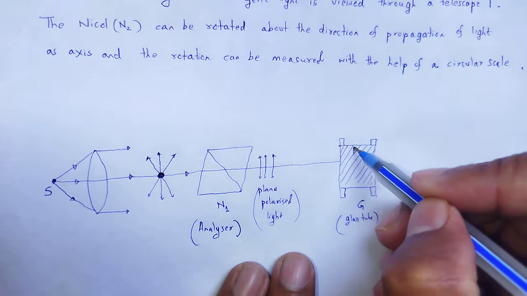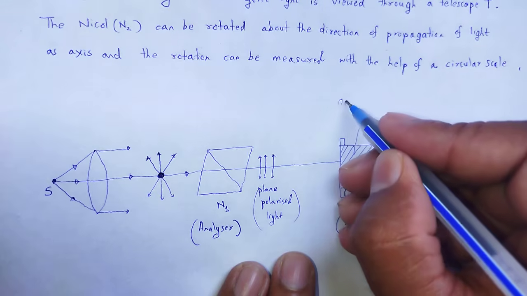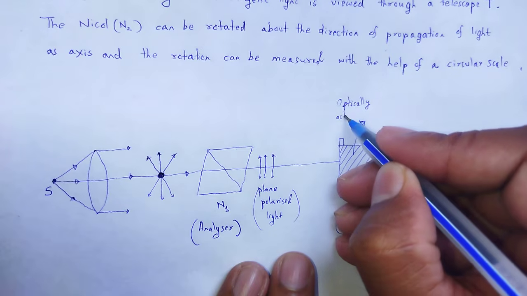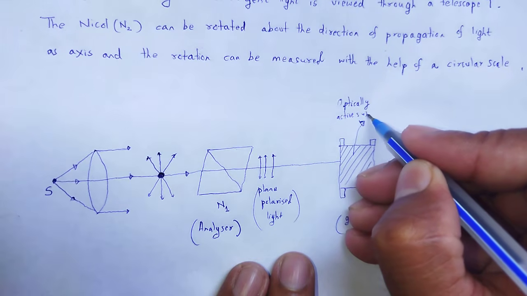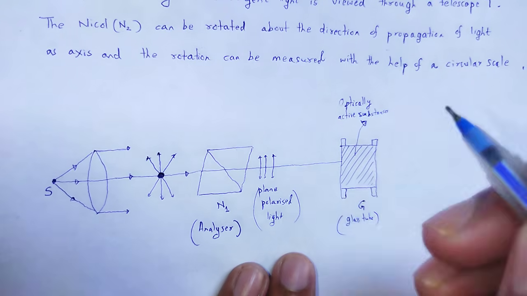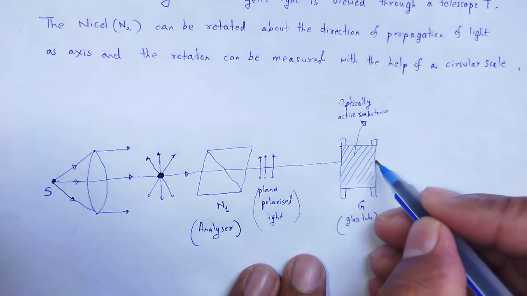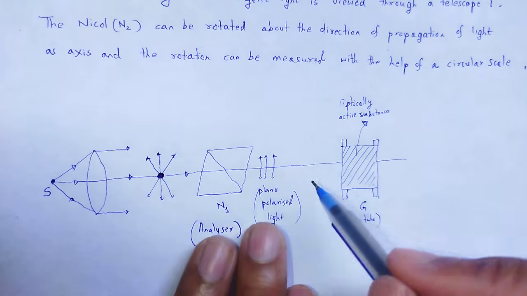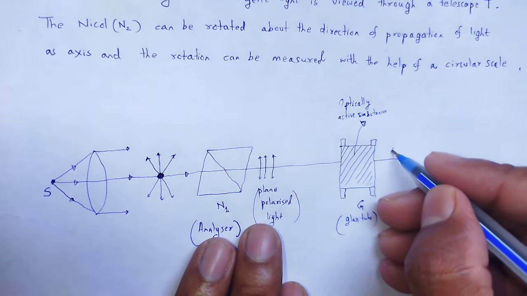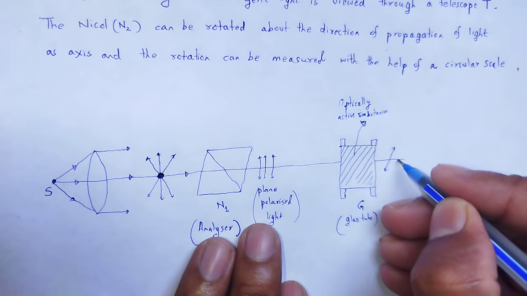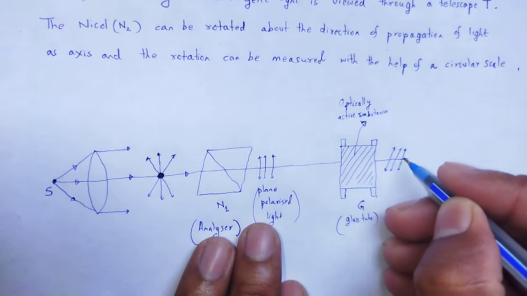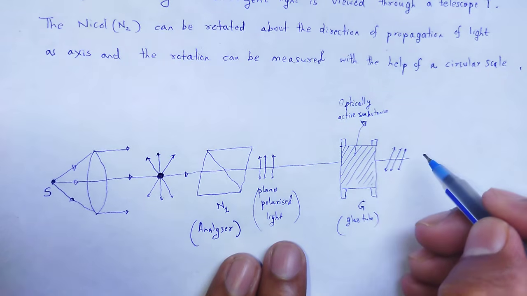In that glass tube, we use optically active substances, so that the plane polarized light is now tilted by an angle. That angle is called the angle of rotation.